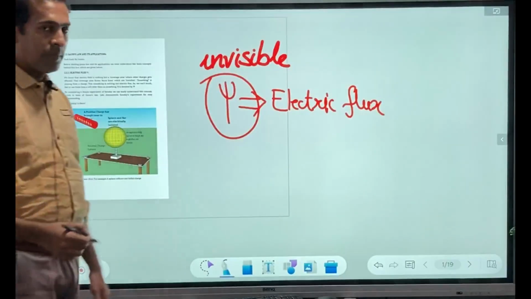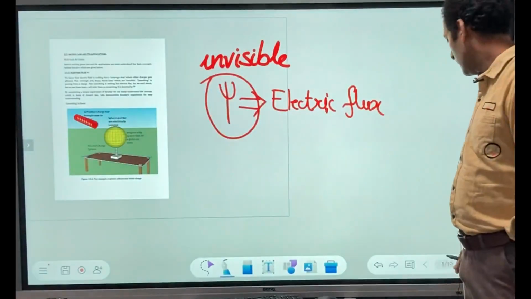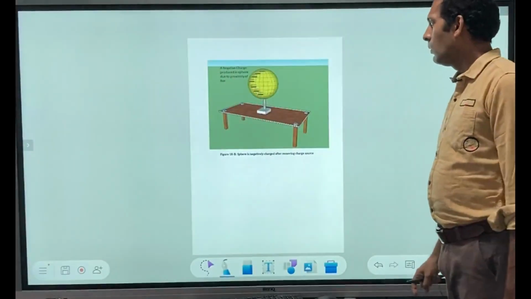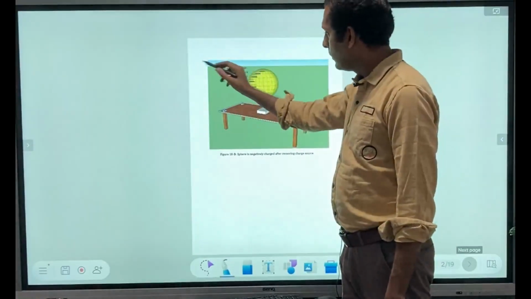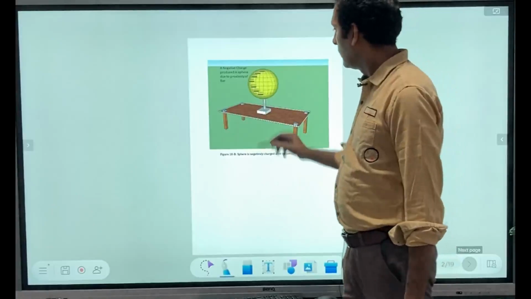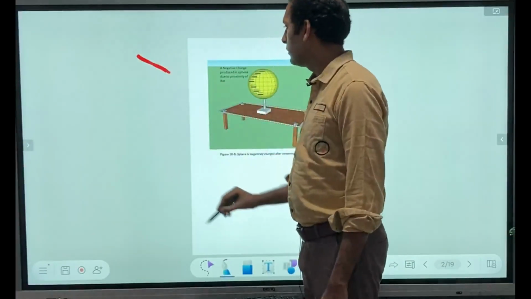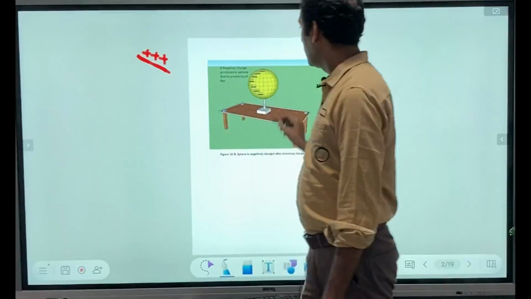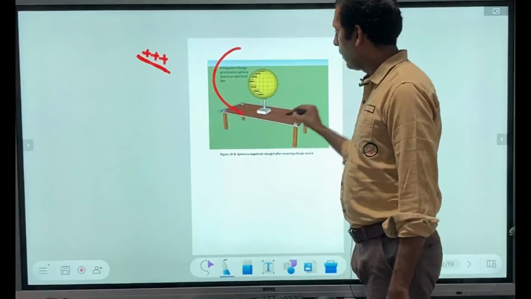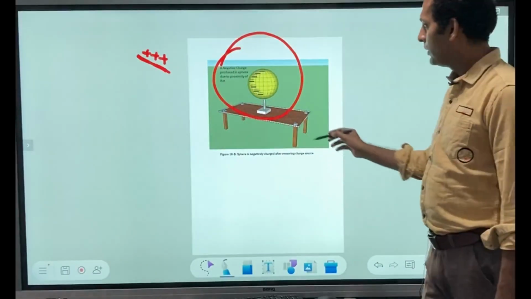So Faraday's experiment: what Faraday did, he did an experiment on two spheres, and what he observed, suppose when we remove that bar from that place, the bar which had some positive charge, automatically there was development of equal and opposite charge on the sphere.